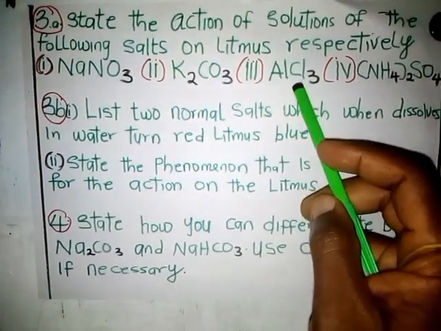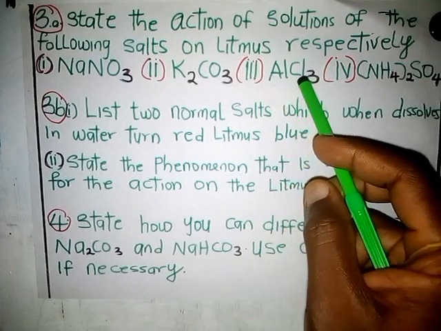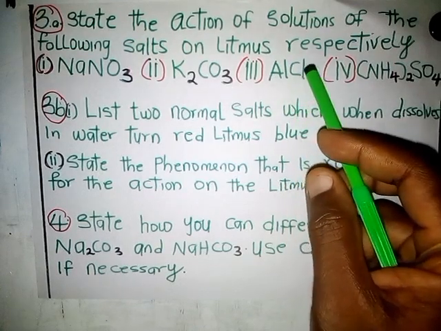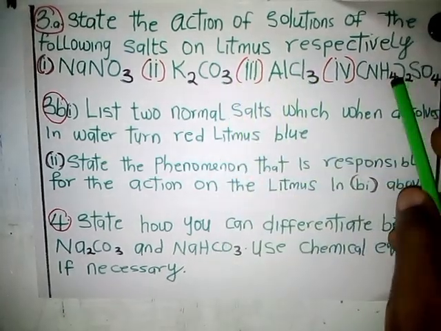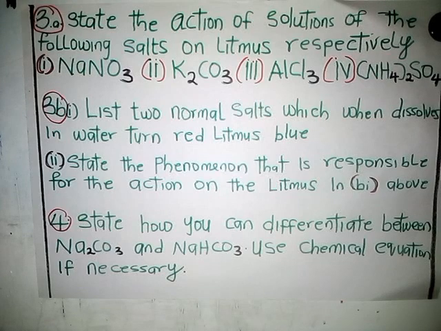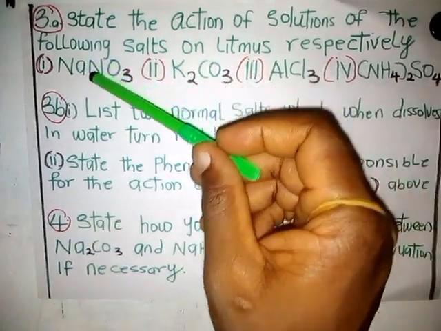While for this one, this is formed from a weak base and a strong acid, so the color change is going to be from blue to red. This is acidic, this is basic. Then coming here, this one is formed from a weak base and a strong acid, right? And so the color change is also from blue to red, acidic. So this is acidic, this is basic, this is neutral.